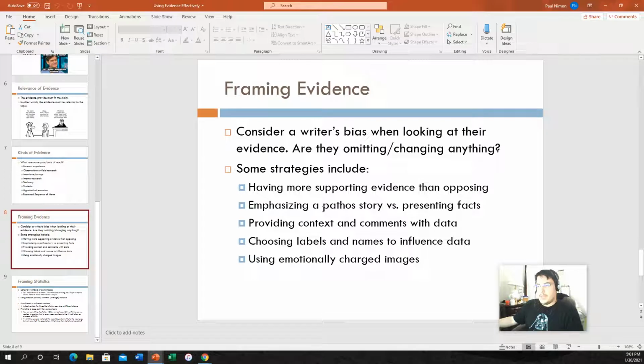Something that people do that's kind of shady as well is emphasizing pathos over facts. Everybody's got a sob story. And if you have a sob story, I empathize with you, and I'm sorry that you have that.